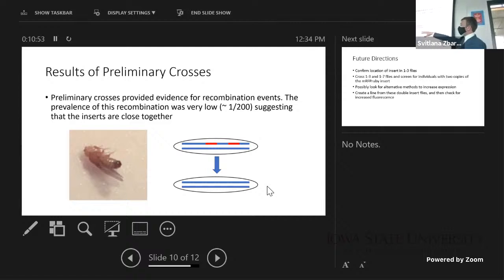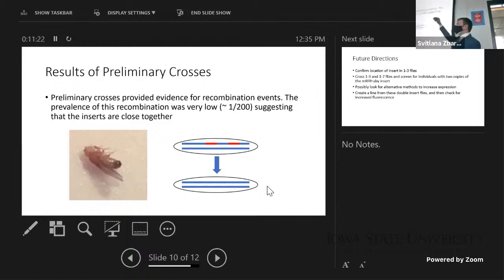So this image was taken by my PI. It shows a white-eyed fly. We utilized a clever trick with fruit flies: along with that fluorescent protein gene, we included in our insert a gene that makes the fly's eyes red. And so what you see here is a fly that's actually lost both copies of that gene.